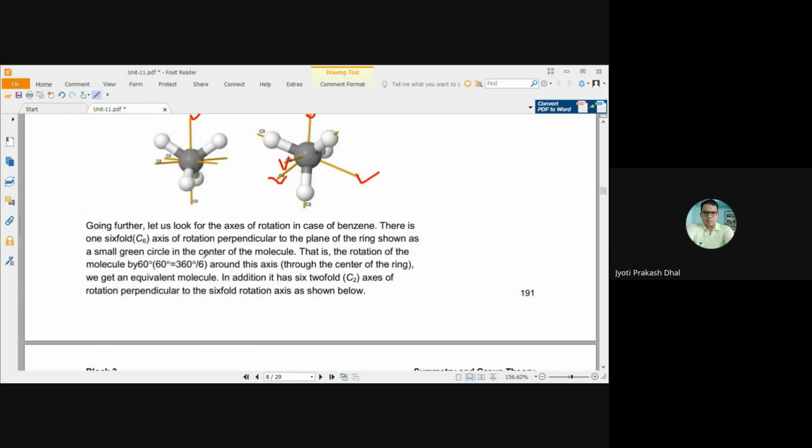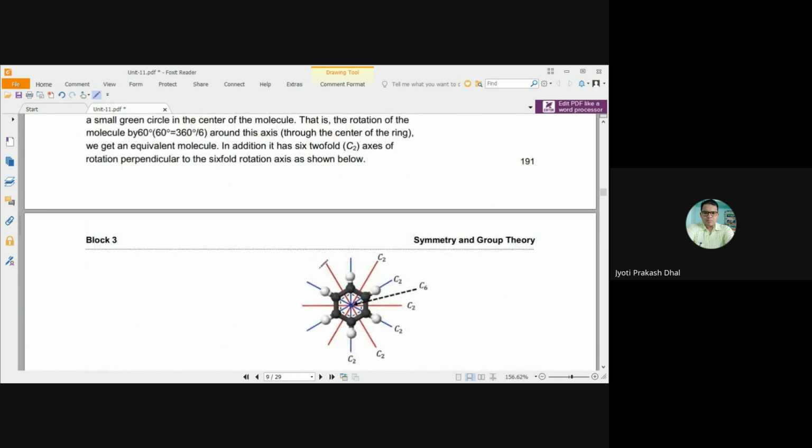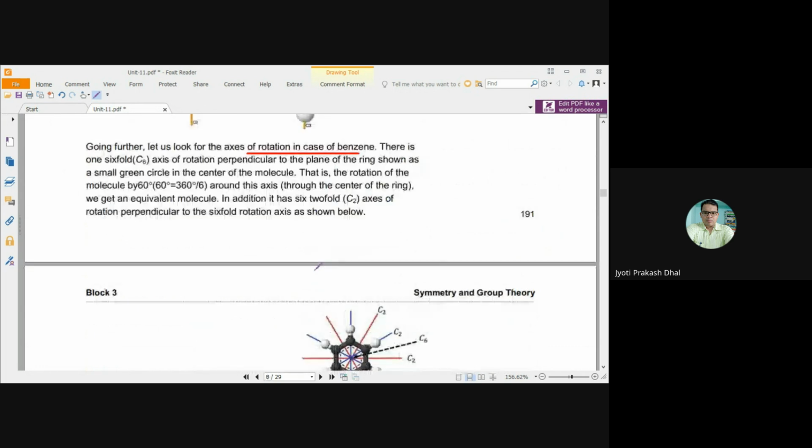So let us look for the axes of rotation in the case of benzene. In the benzene molecule, there is one six-fold axis of rotation perpendicular to the plane of the ring, shown as a small green circle at the center of the molecule.